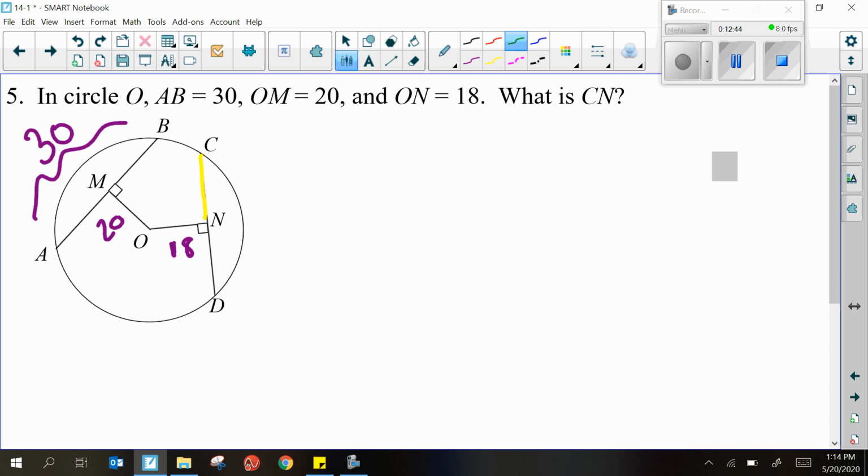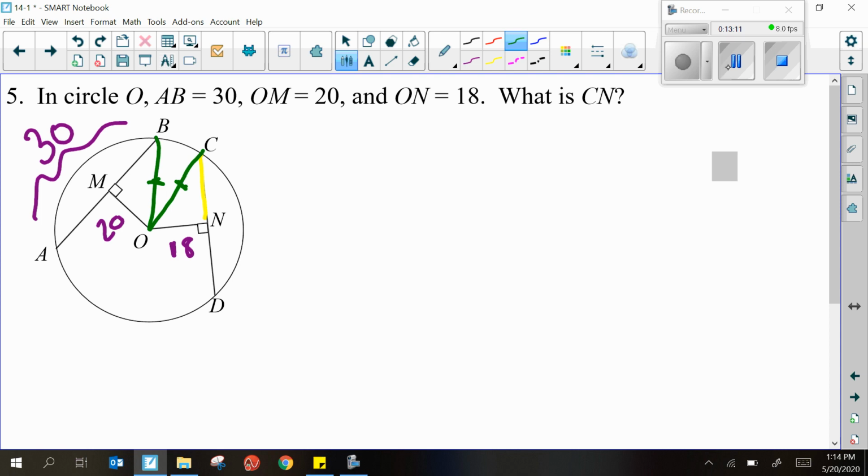Okay, so notice I don't have the luxury of OM and ON being congruent. So I don't know that CD is the same as AB like I did in the other problems. But what I do know is that I can draw in radii like this, and those have to be congruent. That I don't have a choice about.